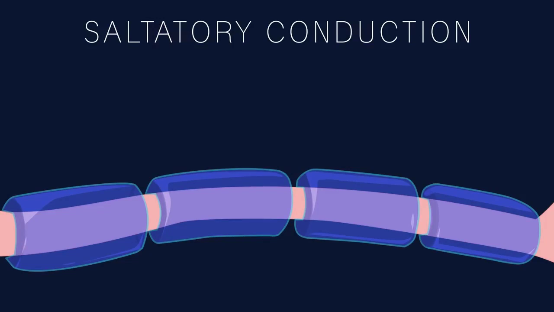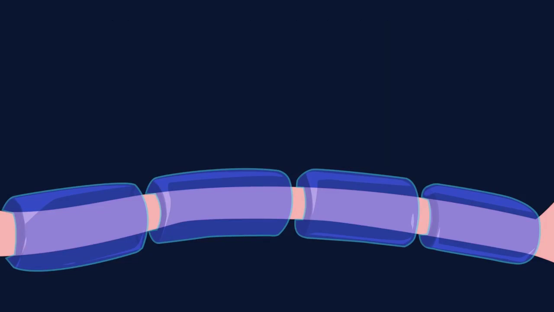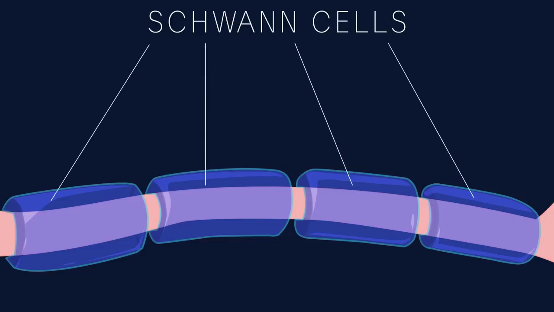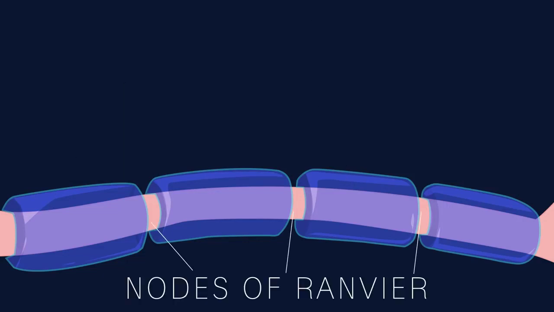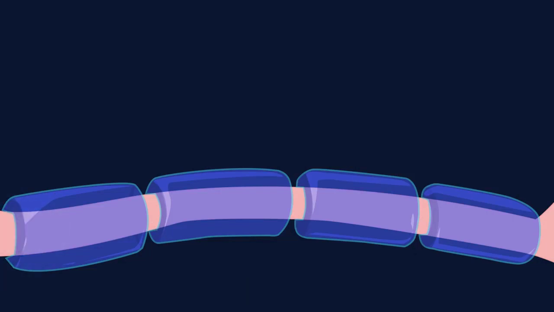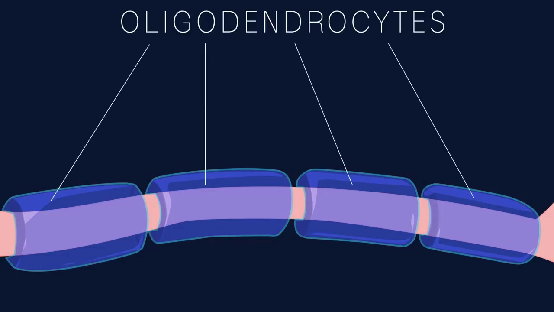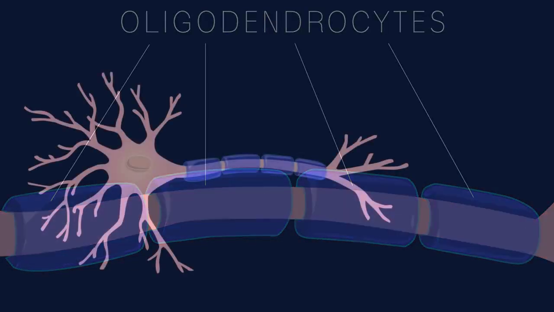In the peripheral nervous system, the sheaths are formed from glial cells known as Schwann cells. There are small gaps between Schwann cells, called the nodes of Ranvier. The action potential appears to jump from node to node, speeding the transmission. In the central nervous system, the sheaths are made by cells known as oligodendrocytes.